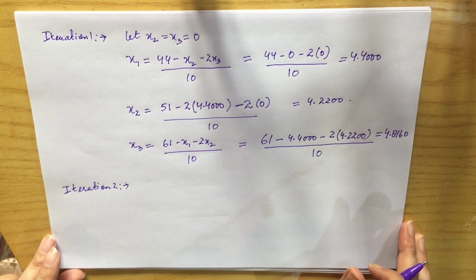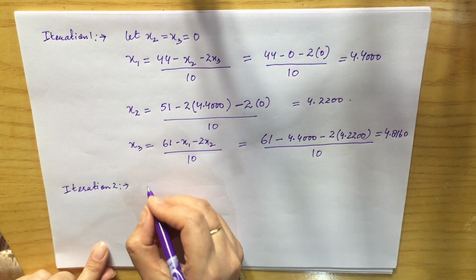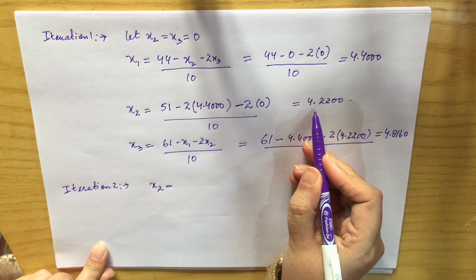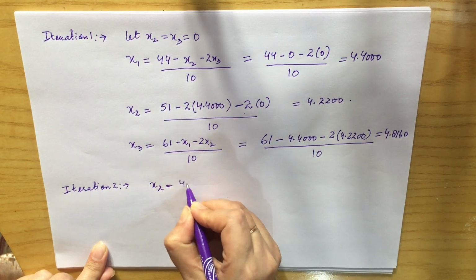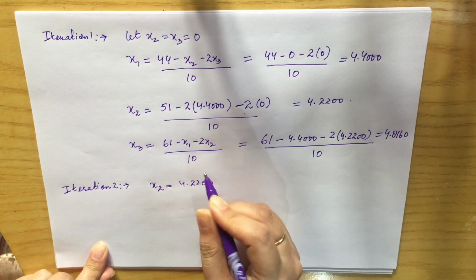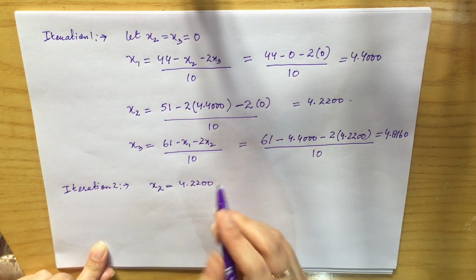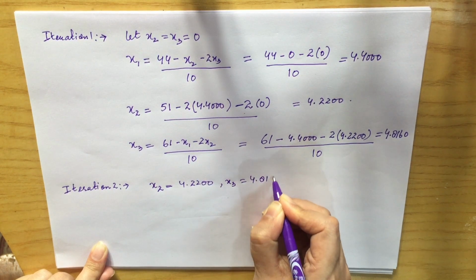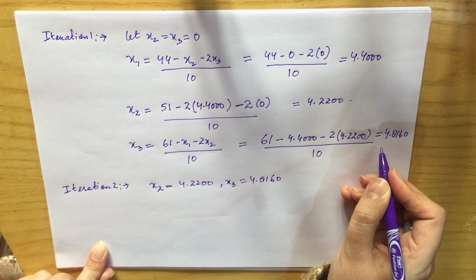Now in our iteration 2, we will assume the x2 value as the new x2 value, 4.2200, which we got in the first iteration, and the x3 value as 4.8160, which we got in that iteration.